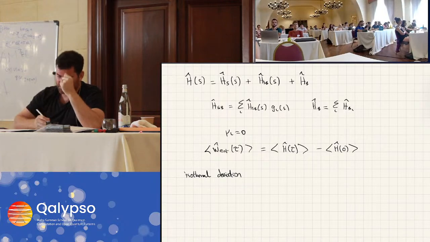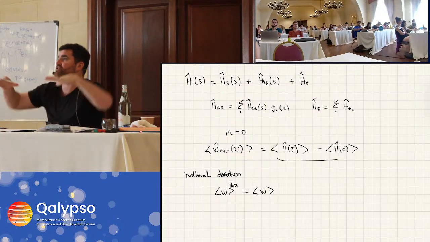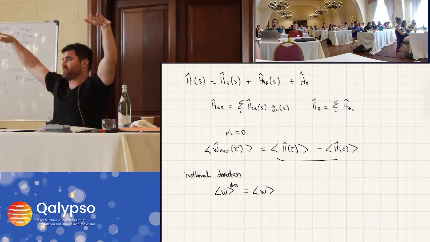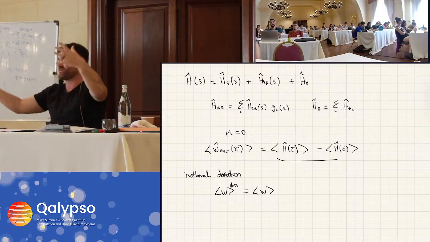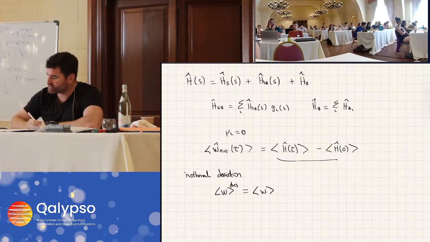So the isothermal deviation, which is this average work, which again is the energy change of the entire complex induced by the unitary which couples the system and the baths together, is the average work minus the sum over L of delta F_L.